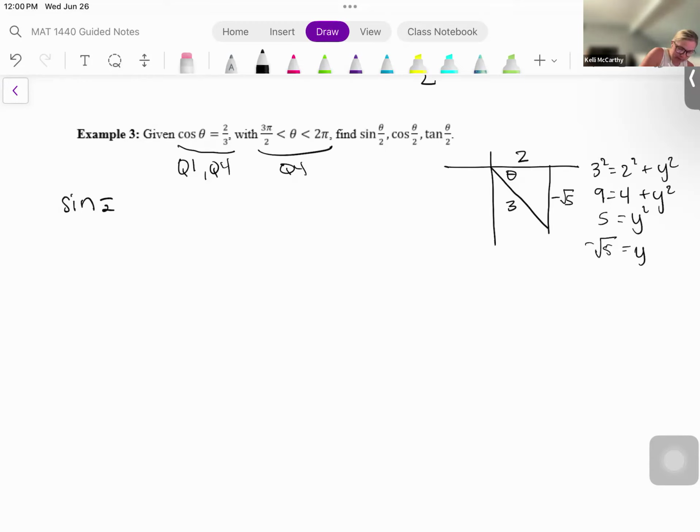Using our formulas from above, sine of theta over 2. In quadrant 4, remember, our angle is in quadrant 4. Sine is going to be negative, so it's going to be negative square root of 1 minus cosine theta over 2.